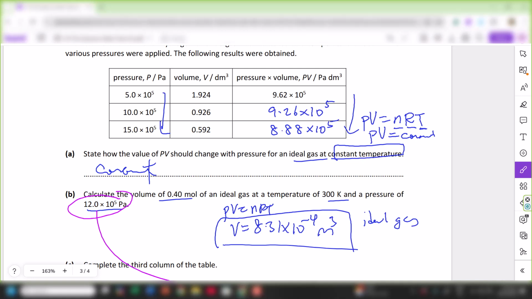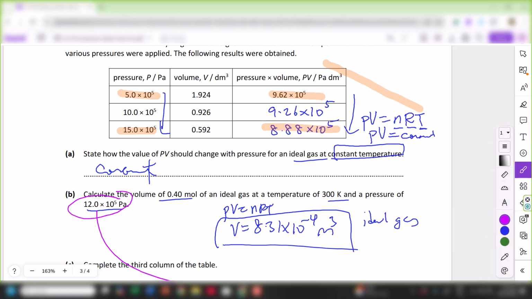It might be helpful if we take two extreme values, because we're supposed to estimate. We assume that the values for PV form a decreasing gradient graph, if you think of it. So we're looking at two extremes, 5.0 and 9.62 times 10 to the power 5, that's for PV, and pressure 15, and then 8.88 times 10 to the power of 5.